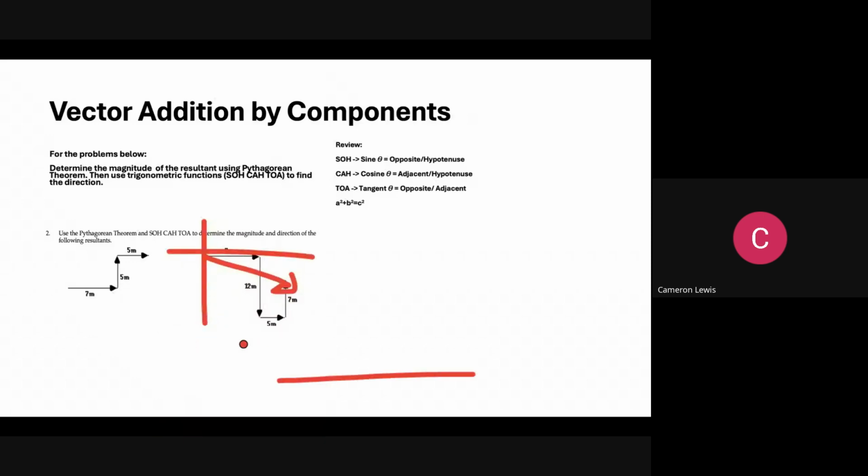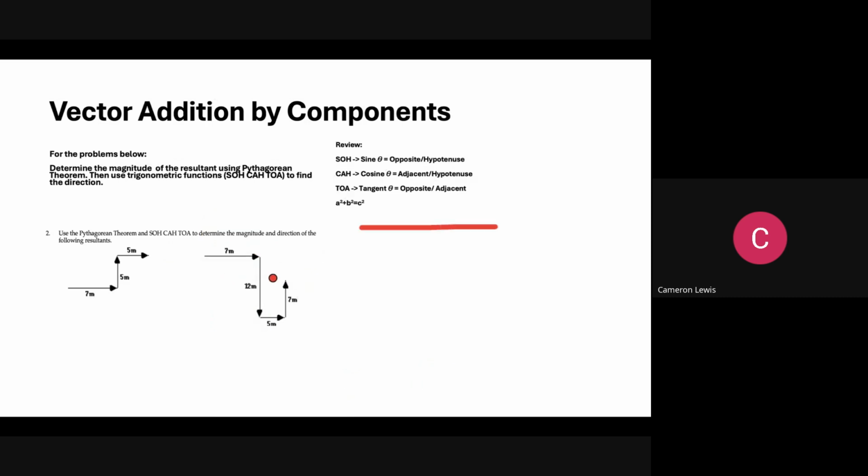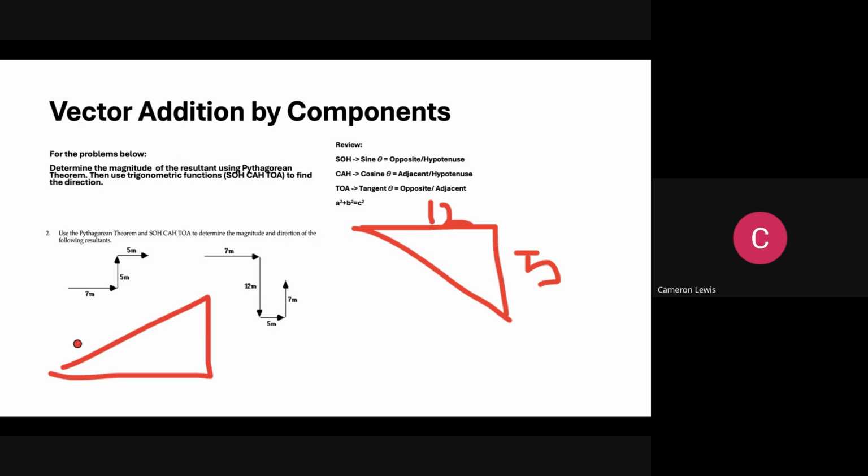We already established that this is east, and we're going 12, and then, actually, let me redo it. So we got 12, and we have 5 here, right? We know that the resultant should be how much? 13.